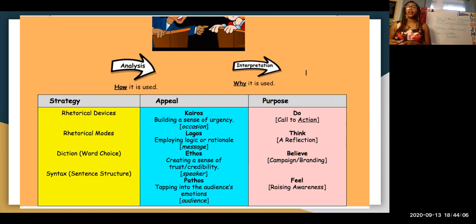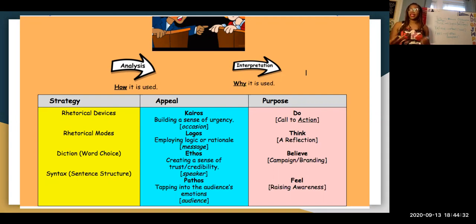And notice that these are just a few. Instead of saying they want the audience to do, is this a call to action? Do they want them to get up and go do something? Is this a reflection? Like, I don't really need you to go and do something, but I do need you to think deeply about this. And that includes the use of a lot of logos appeal, really just thinking deeply.